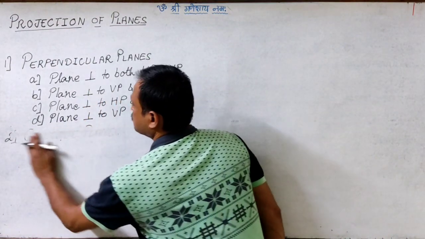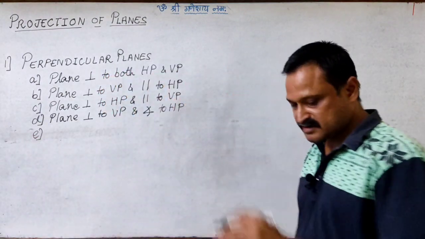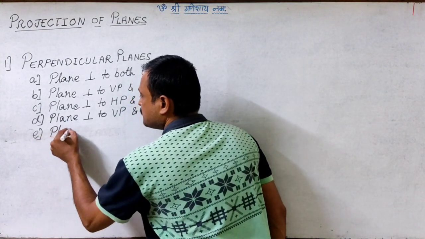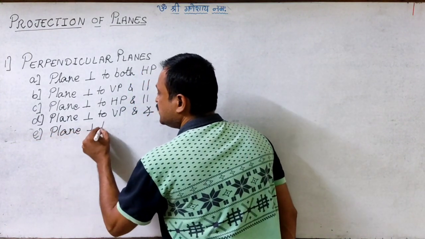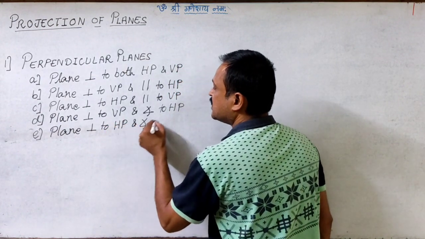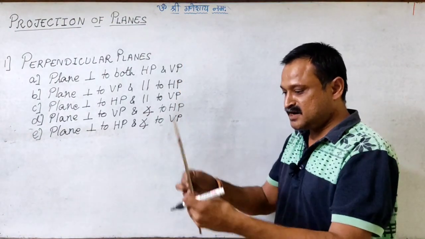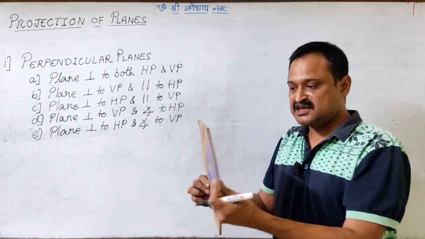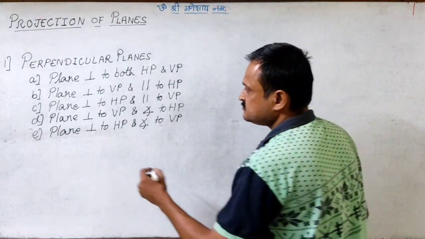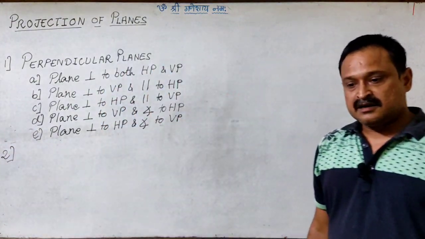And the fifth condition I can say, discretizing all the possible cases, where a plane is perpendicular to HP and it is inclined to VP. So the plane is perpendicular to HP but it is inclined to VP, right? So this is the fifth condition.